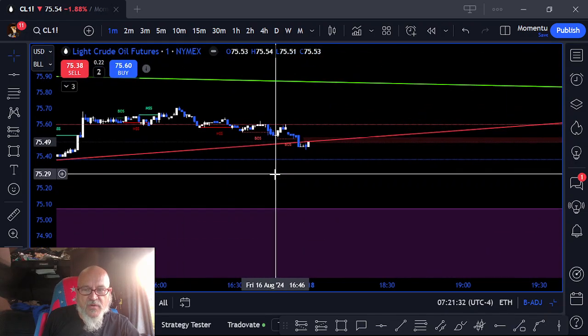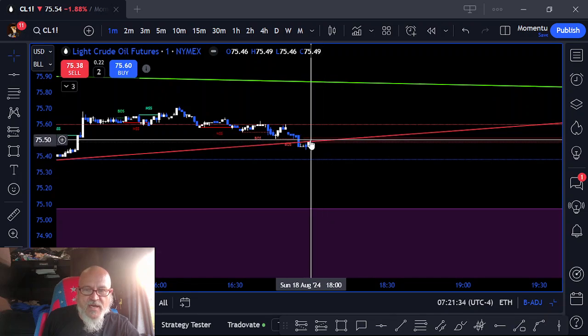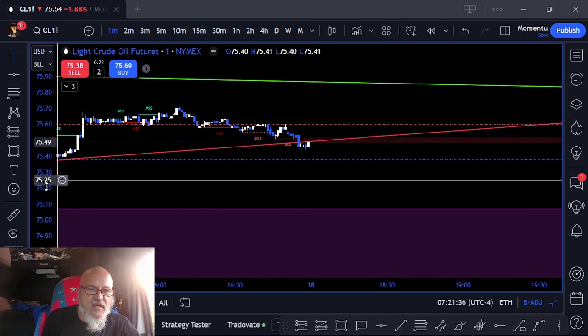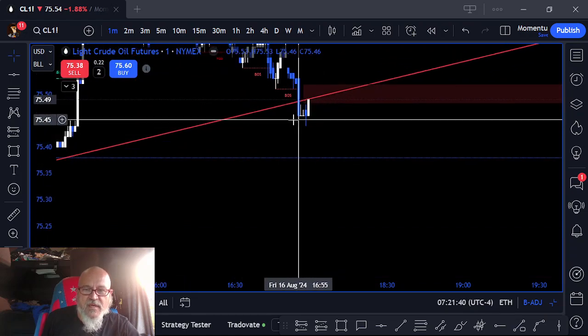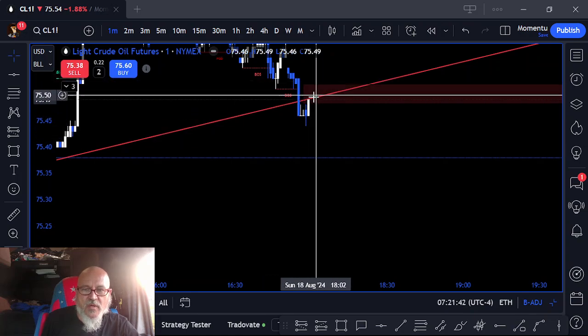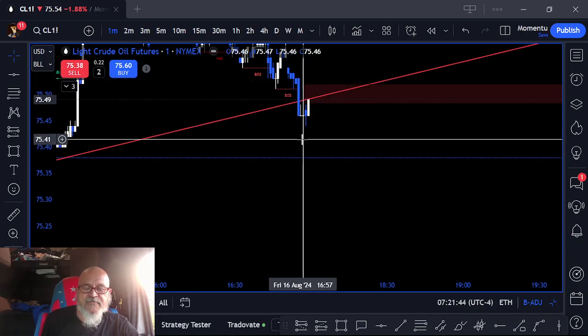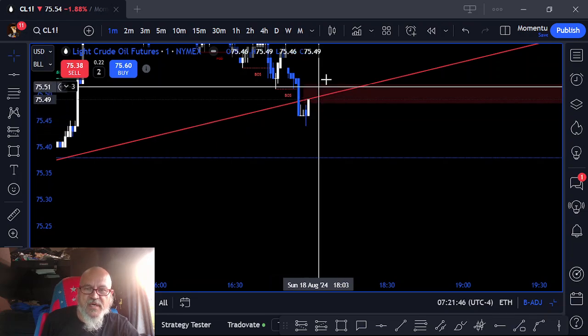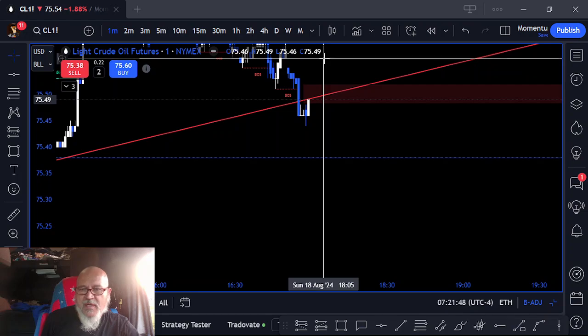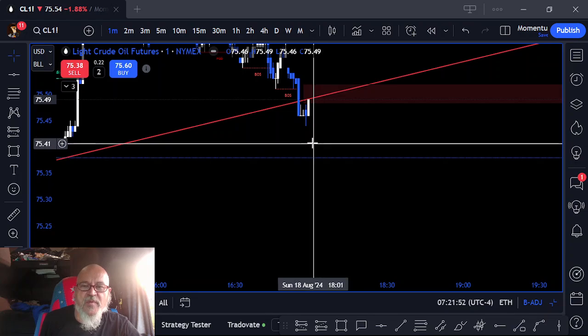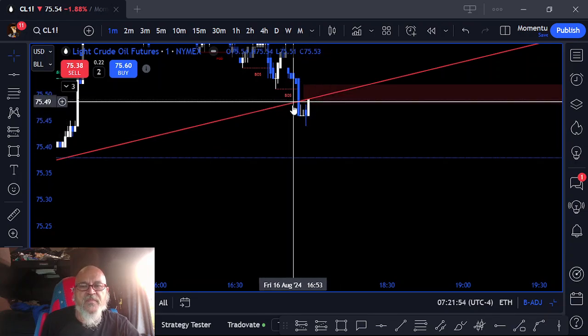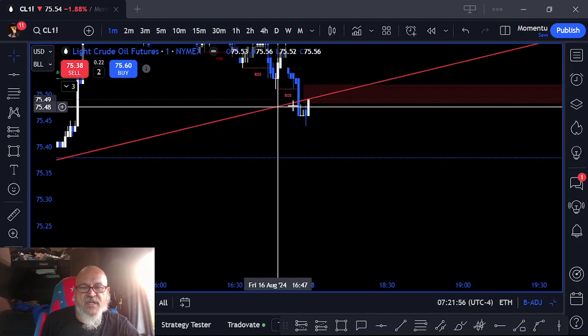Now that we've broken through it and we retested it right at the end of the day on Friday, I'm going to love to see where we open, whether it be below or above that. If it's above, if we gap up, I want to see the gap close and a continuation through that gap close, just to get back below this trend line.